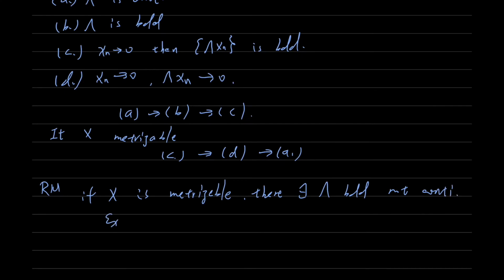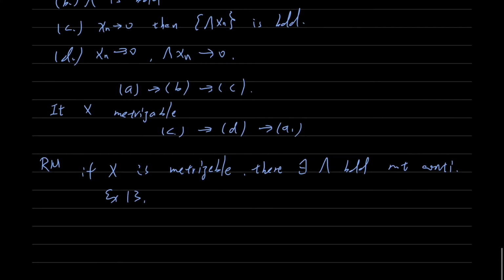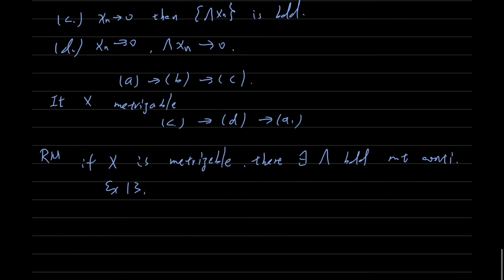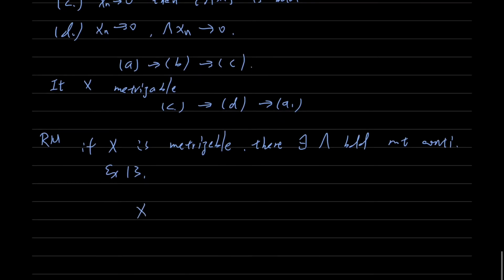And this is an example in exercise 13 in this chapter. So the general idea is that we just look at the same space, so X to X, but with different topology.